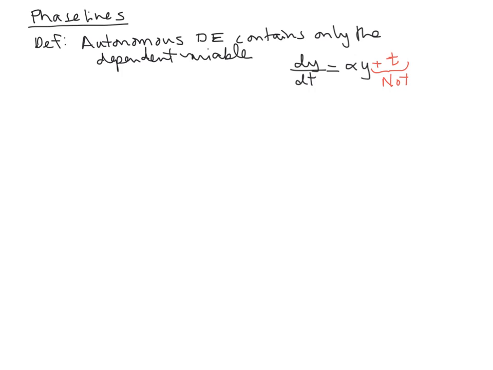All right, now here are some steps for creating phase lines. The first step for creating a phase line is to find where it has equilibrium solutions. So let's find the equilibrium solutions.